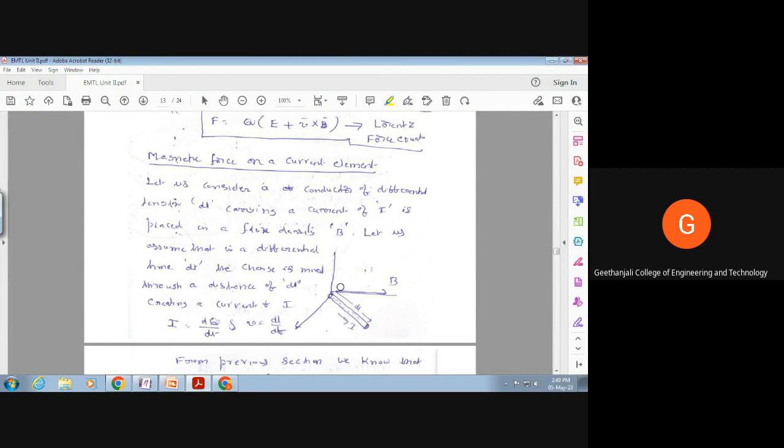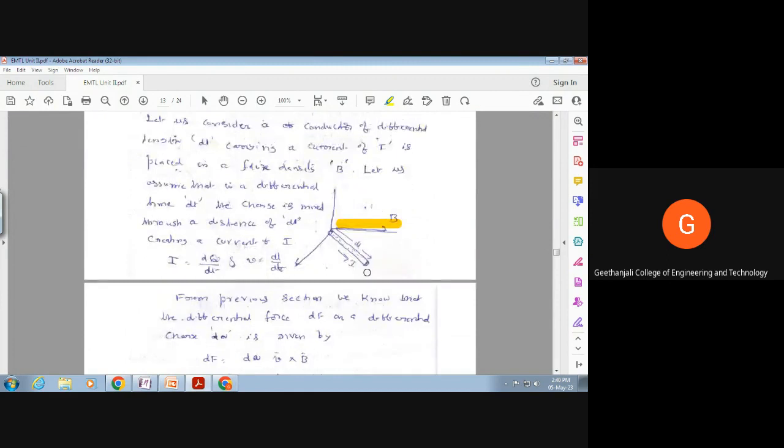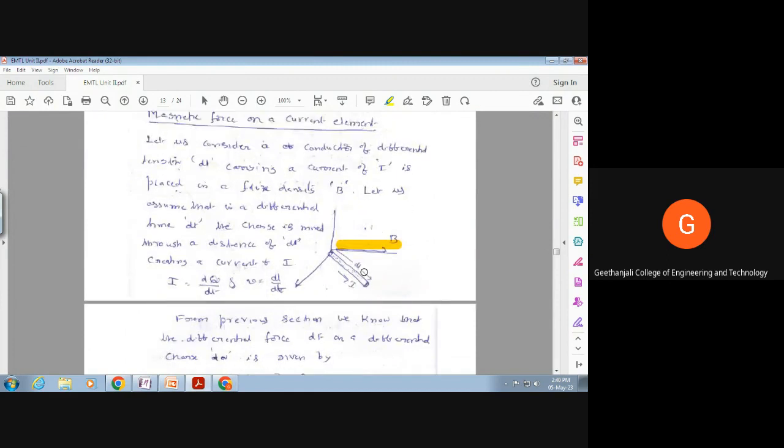When this is subjected to a magnetic flux density of B, what is the magnetic force? Now, you can see that when current is moving along this direction, assume that in a differential time of delta t or dt, the charge has moved through a distance of dl. So dl by dt is the velocity of this current or charge.